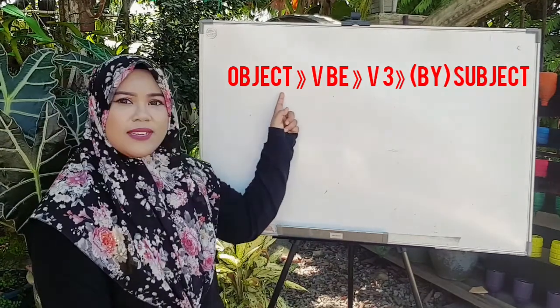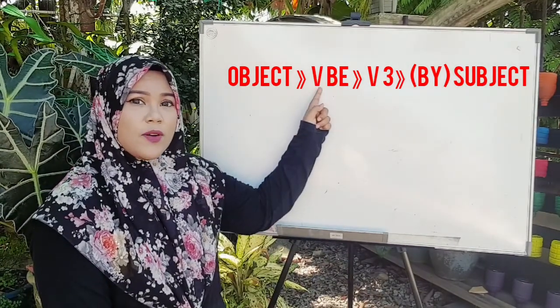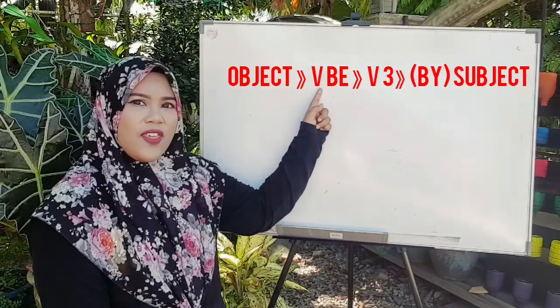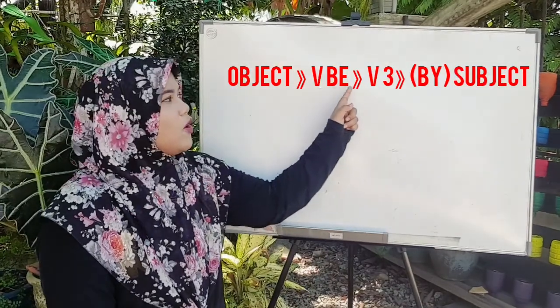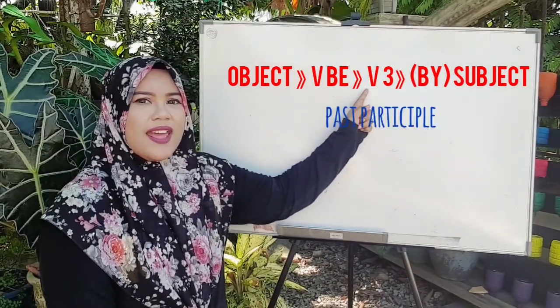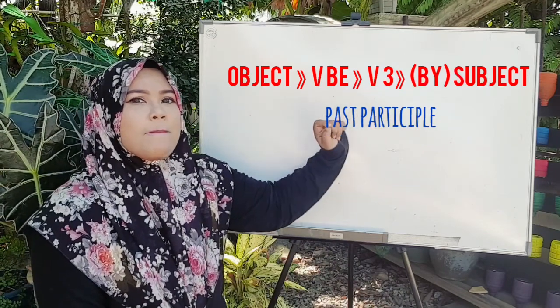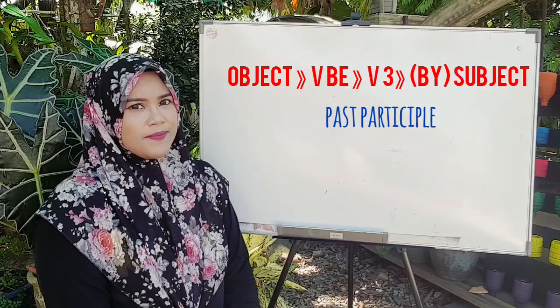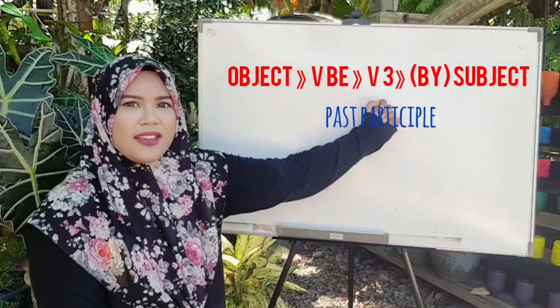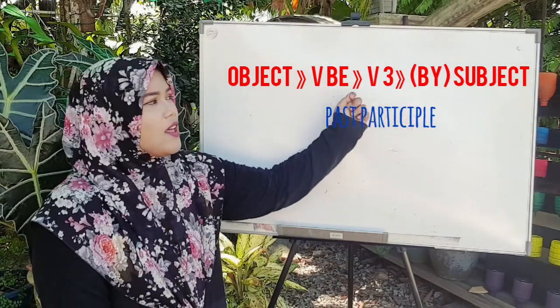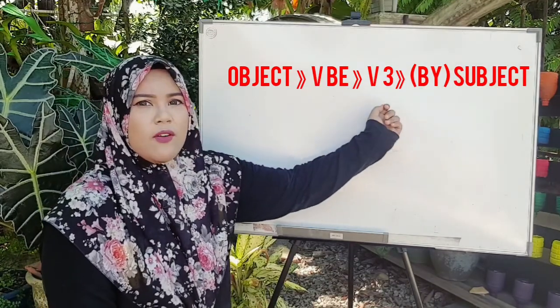Okay. Object, verb to be, and then must be followed by verb, and this verb must be written in past participle. And then at the end, okay, dekat belakang sekali, you can write down by whom. Okay, oleh siapa.